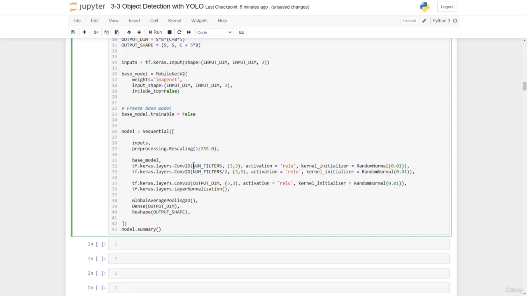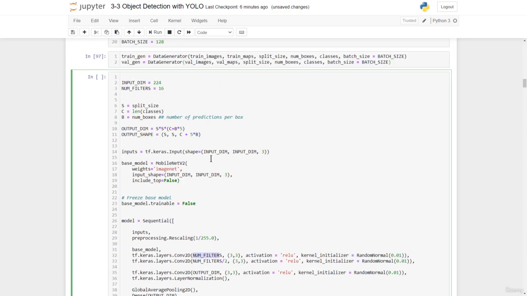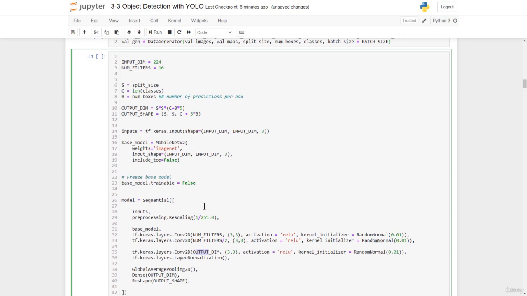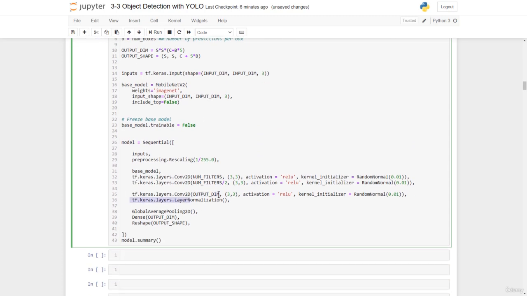The number of filters has been defined already as 16. For the first we have 16, the next is 8, the next is the output dimension, so in this case 7 by 7 by 27. We have layer normalization. We actually tried batch normalization, but with layer normalization the model trained faster. Then the global average pooling, the dense layer, and then reshape.